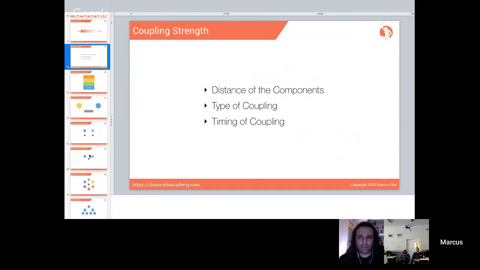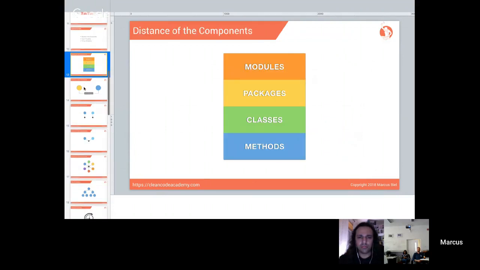So I've just picked 3 factors that are important to understand when we talk about coupling, to give you, first of all, an introduction, and also to make you think about what coupling is all about, right? To just give you a feeling of coupling. Okay, so let's start with the distance of the components. We're back at our hierarchy.